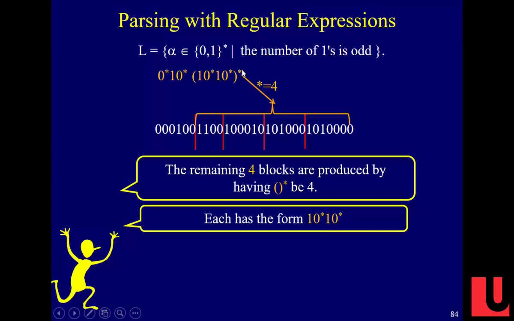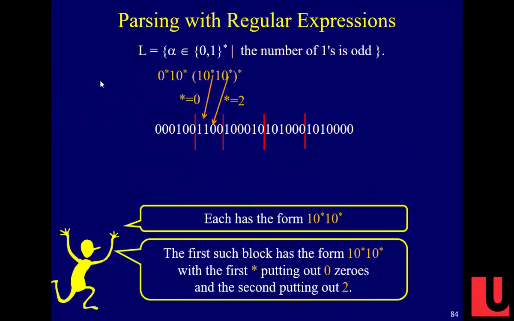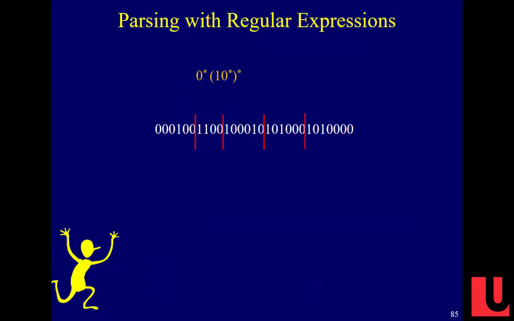It turned into an R equals 4, because it got 1, 2, 3, 4 of these things. And once we're doing one of them, we got a 1 followed by 0 zeros, followed by a 1, followed by 2 zeros. And so that's how we got the string.